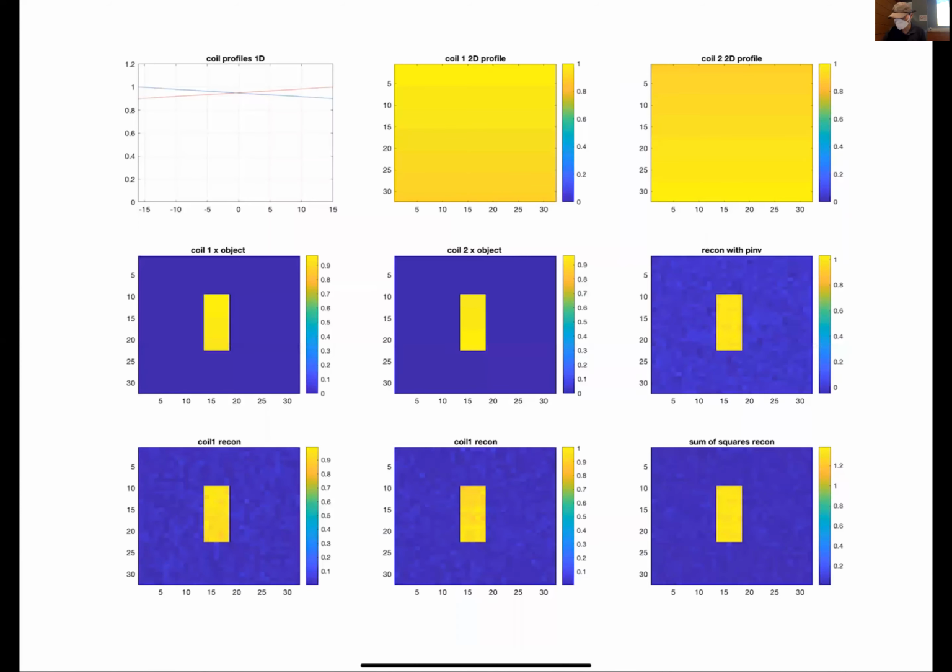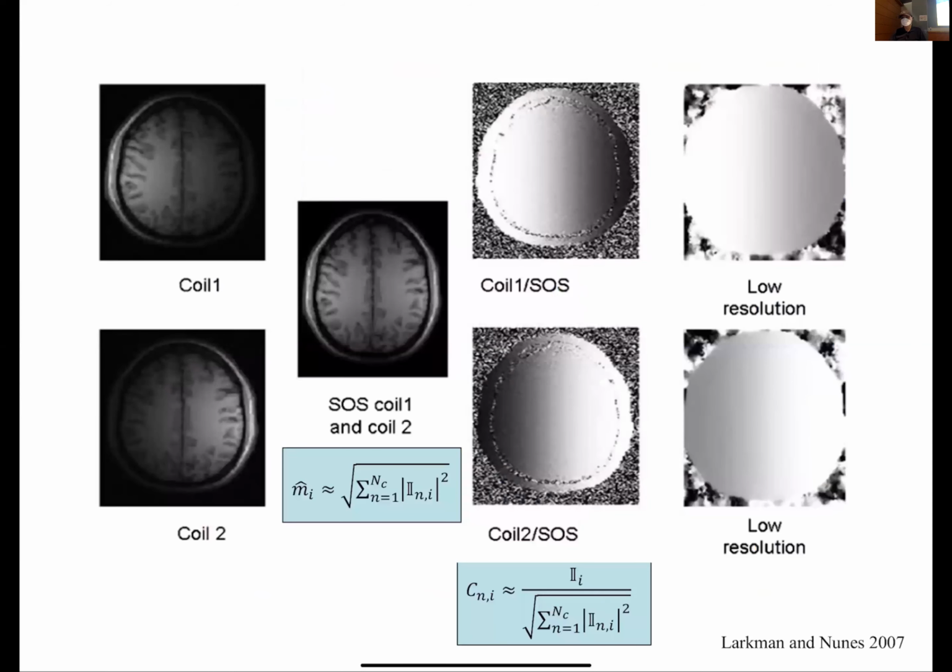So I'm going to walk through this fairly slowly because this is what you're going to see when you do figure 3. Yes, question. If there were artifacts in either coil 1 or coil 2, would that also get squared and added up? Yeah, so that's why you would typically low pass filter it, because you're trying to get rid of that.